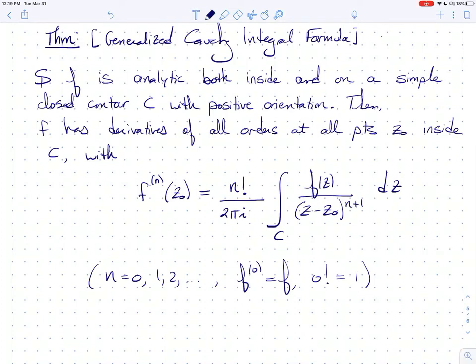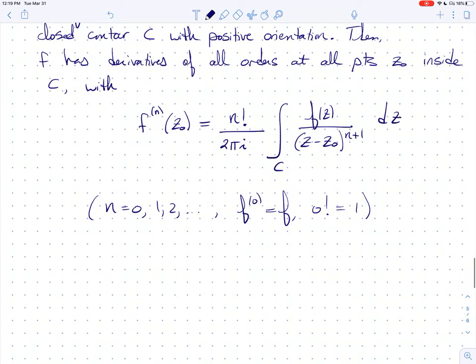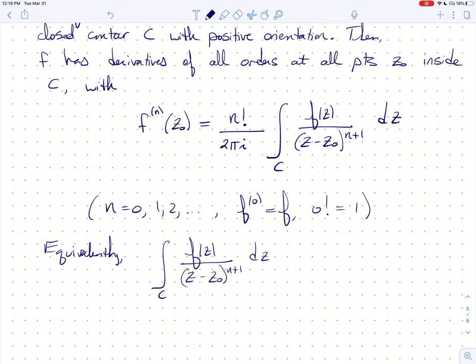So let's rewrite this in terms of just the integral. So we'll say equivalently, the integral along C of f of z over z minus z naught to the n plus 1 dz is equal to 2 pi i times the nth derivative of f evaluated at z naught divided by n factorial.